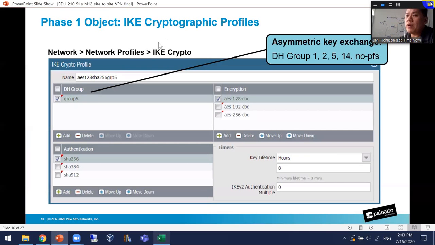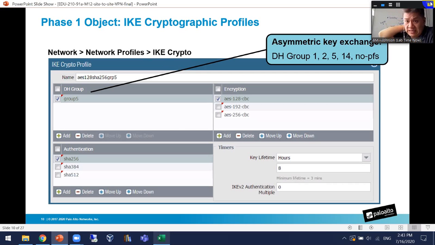So the first one that we're doing is the IKE crypto. Once you have configured the IKE crypto, then you can configure the gateway. So here, when you're doing the IKE crypto, there are a few things for you to choose. Remember, you're going to do the key exchange. So you need to choose the Diffie-Hellman group. You have to put in the group number. Okay, so it can be one of the group numbers.